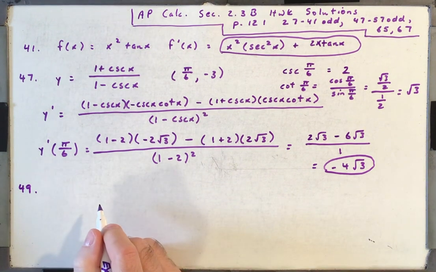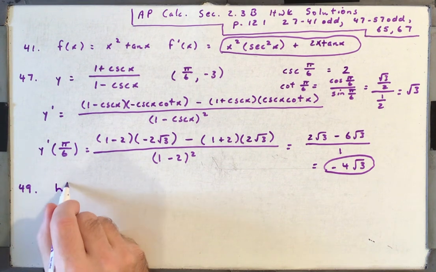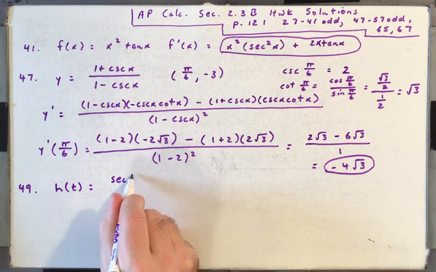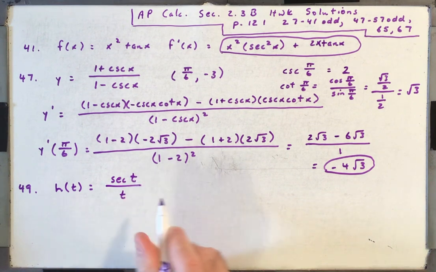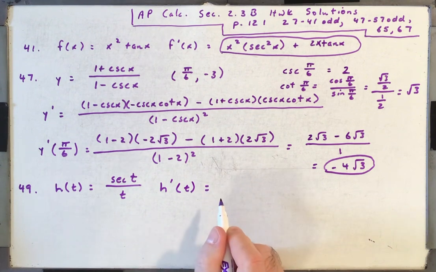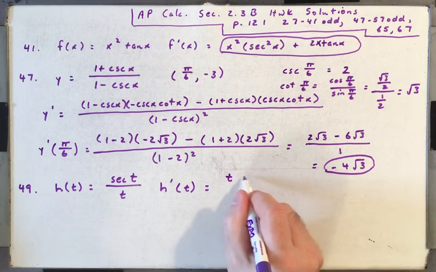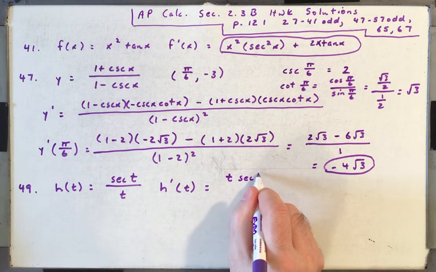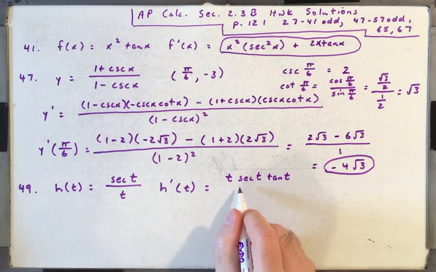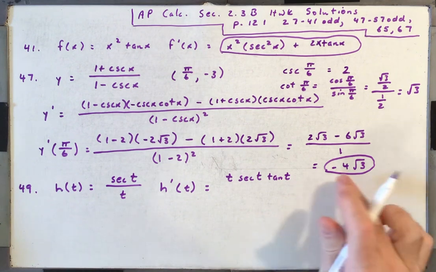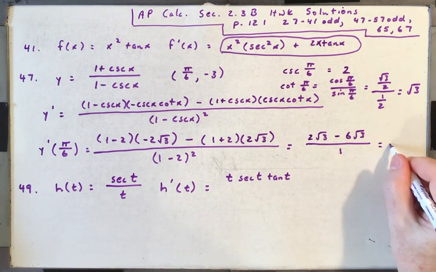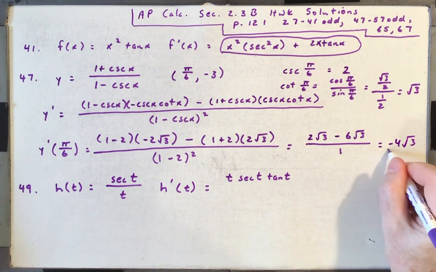All right, 49. h of t is equal to secant t over t. So the derivative of this one is going to be a little easier than the last one. h prime of t, bottom t, times the derivative of the top, secant t tangent t, minus, I'm going to go ahead and put that up here, negative 4 root 3.